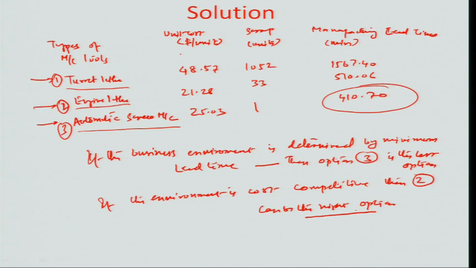So if you are planning to buy cost wise and see minimum cost, engine lathe comes out to be the right option, and if it is a lead time based demand from the environment, that the one who will be having the minimum lead time has to be considered for this particular process, you will have to choose the automatic screw machine for that purpose. So that is how you actually take a decision criteria for the CAP process at the stage of machine selection, so that you can choose a particular machine for a process.